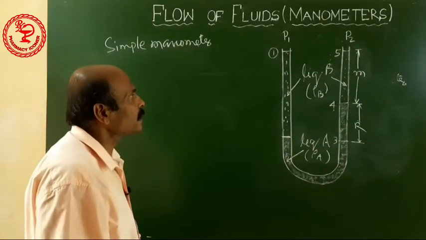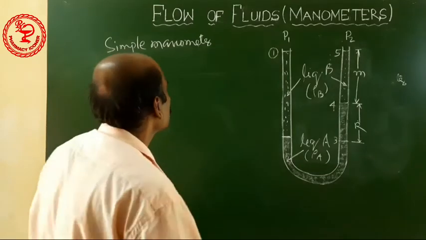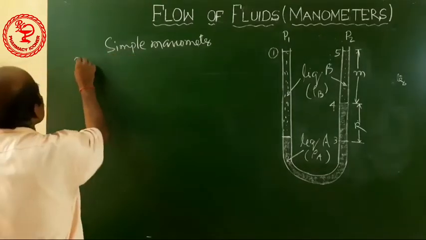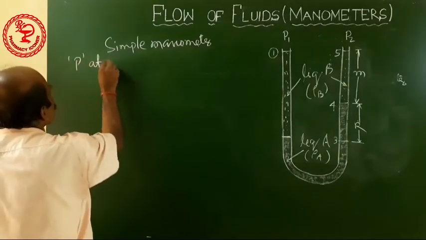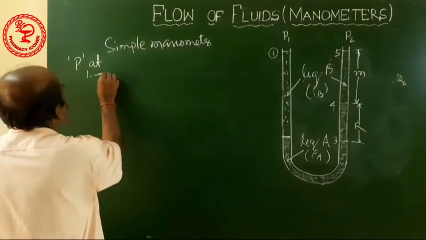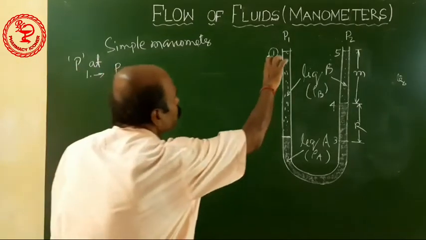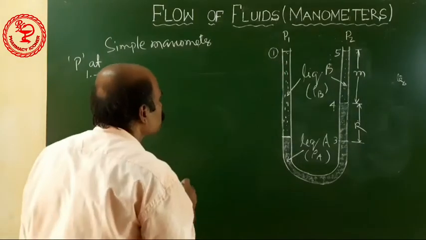Now we can calculate the pressure at different points. Pressure at point 1 will be P1, as there is no liquid above it.